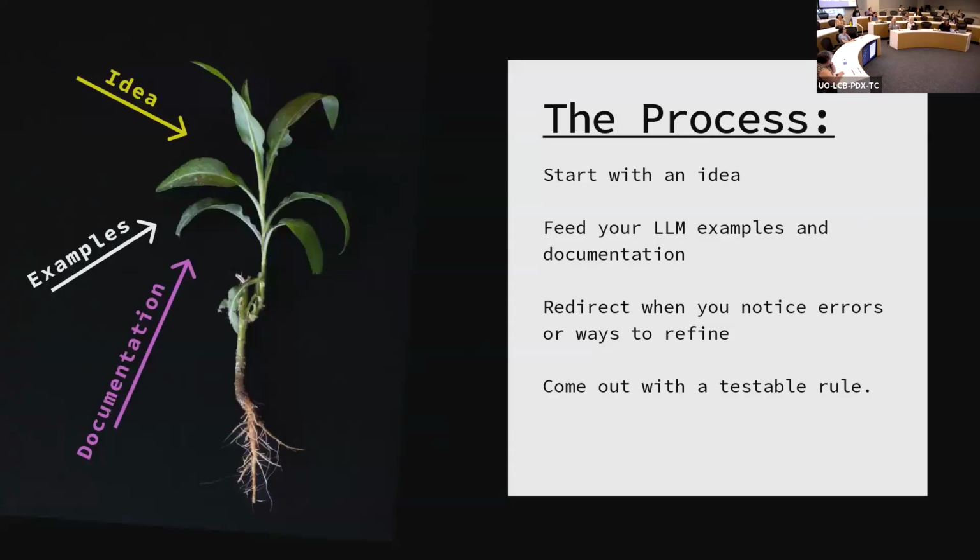You can even ask your large language model to find such documentation, and it may be able to do so with varying results. But ultimately, you're the expert here. You're the one who needs to let them know how to do it. You're not only taking the horse to water, you've got to teach it to drink a little bit too. And I'll show you some examples later of why that's important.